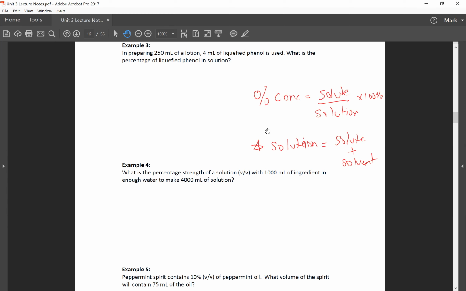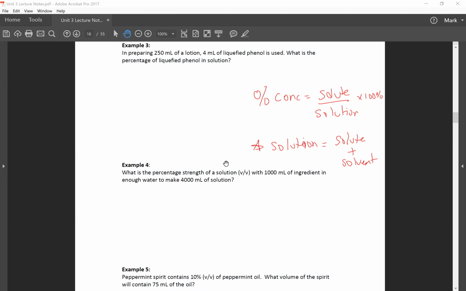Okay, before I do examples 3, 4, and 5, and you guys can keep going if you know, there's a really good question in the chat from Lola. I don't know if I'm saying your name right. How do you know the difference between solute and solution?